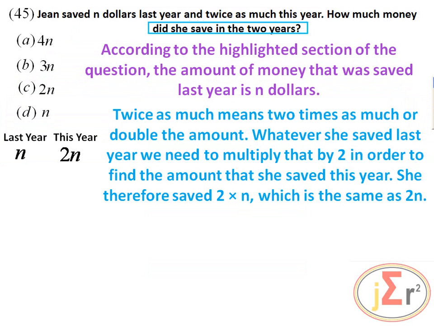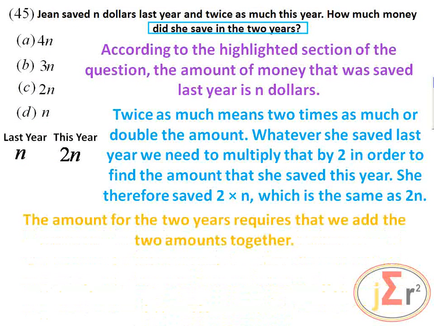How much money did she save in the 2 years? The amount for the 2 years requires that we add the two amounts together. So, n last year, 2n this year, and we need the amount she saved in the 2 years.